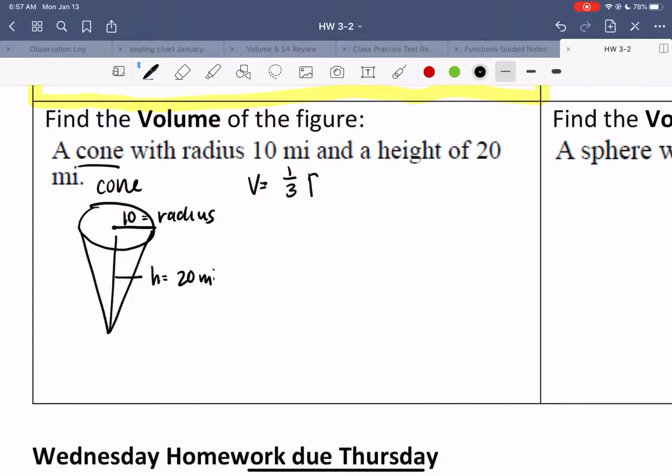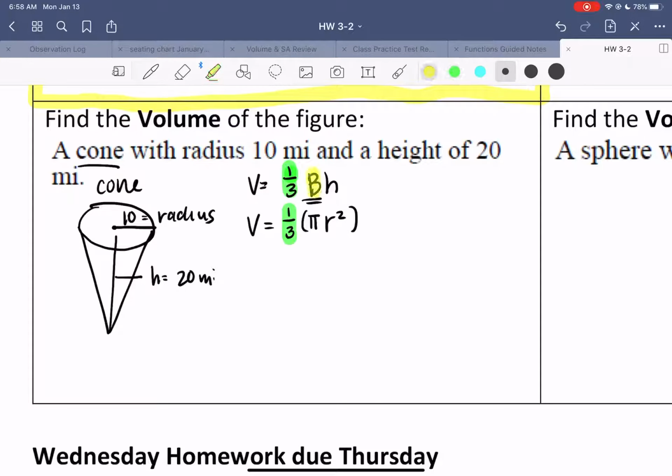So from there, we have a cone, and then our formula is 1/3 capital B H. Remembering that this capital B represents the area of the base. So rather than just writing any number in there, we're going to have to substitute the formula for the area of a circle since our base is a circle. So we're going to have to substitute that pi r squared in there. So we have our 1/3.